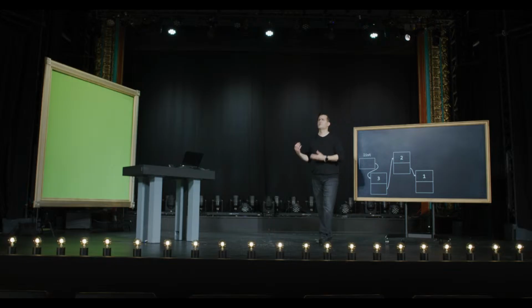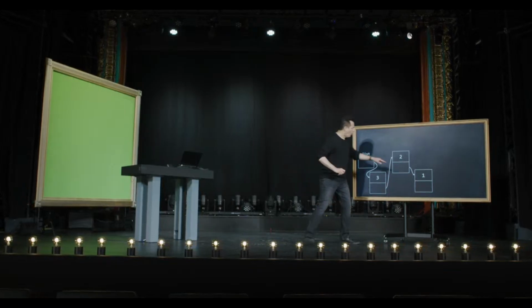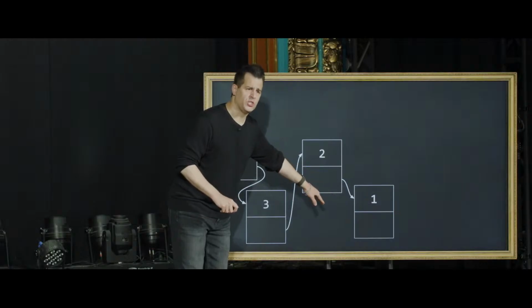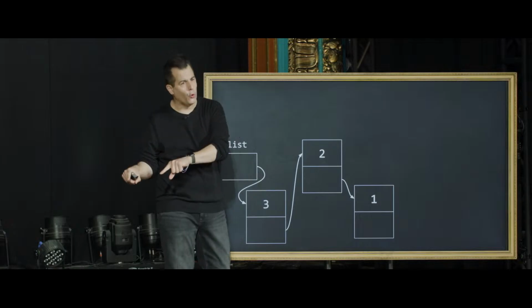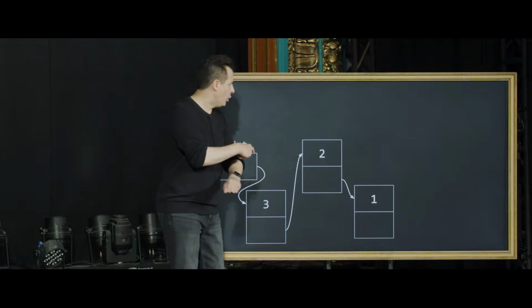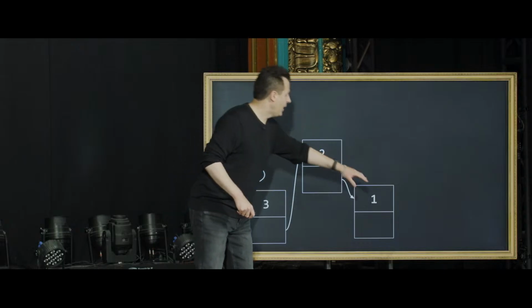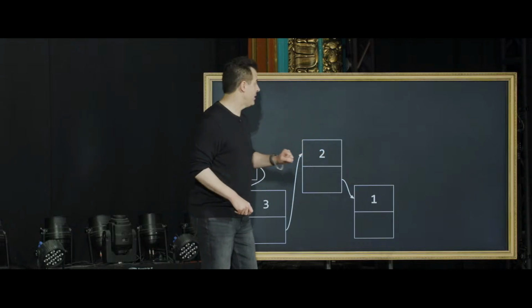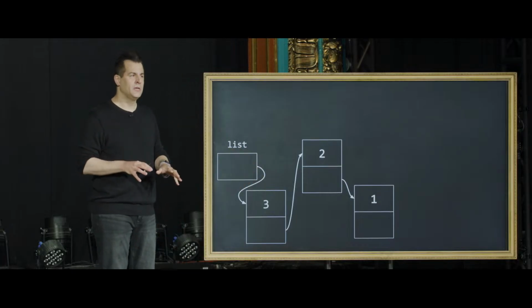And that's going to take a bunch of steps. And because these arrows, as we've described them, only point in one direction, that is to say, we're only maintaining the address of the next node, not the previous node, I'm going to have to go back and forth through this list again and again to find the first element I inserted, then the next element, then the next element. That's a lot of steps.